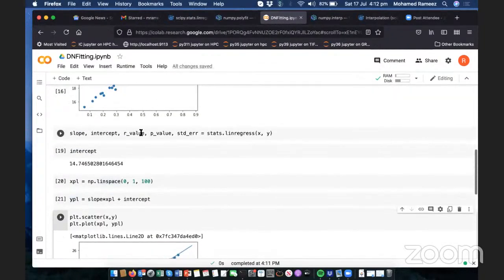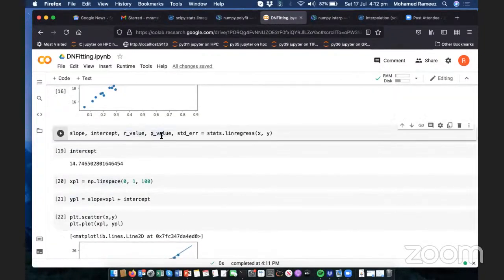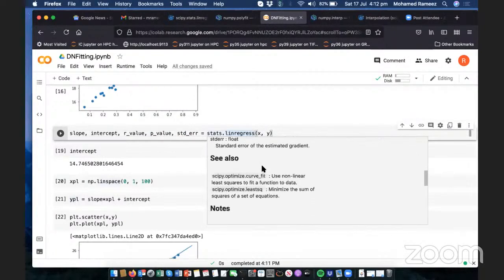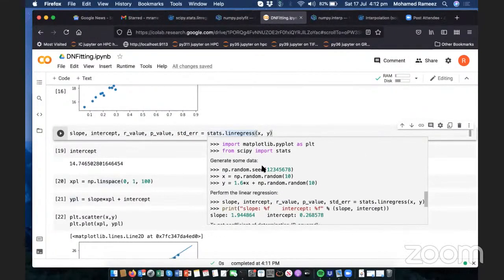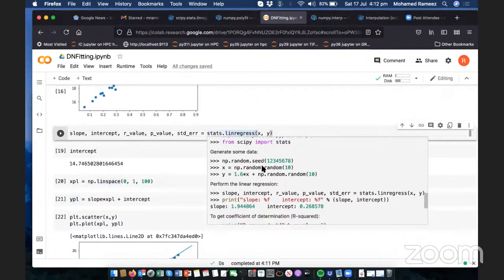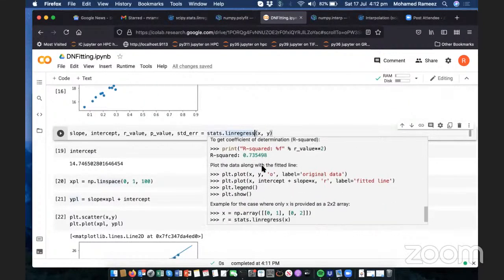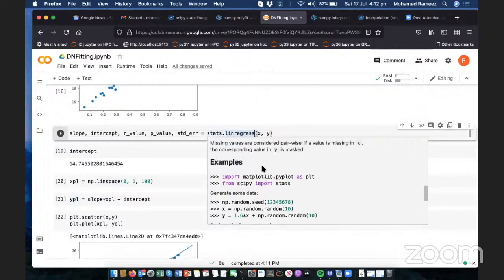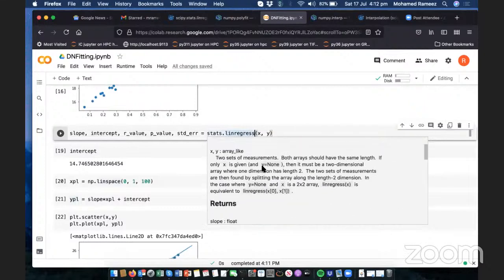So you may wonder what the R value, P value, etc. are. And the only way to know that, usually, for an arbitrary function, is to read the function's documentation. If you have Matplotlib, if you have Colaboratory or Jupyter Notebooks, you can read the function's documentation like this straight away.